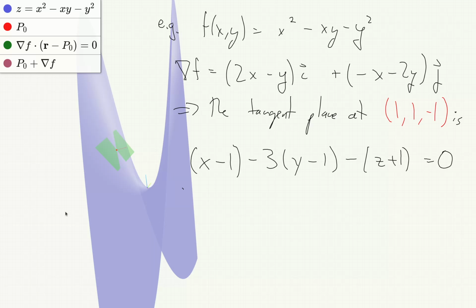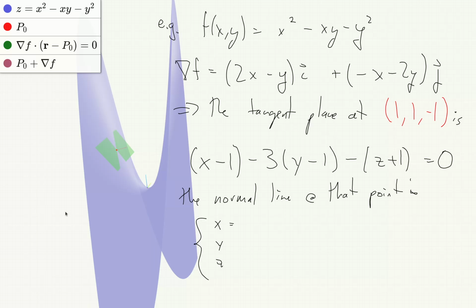And for example, the normal line at the same point is (x, y, z) equals (1, 1, -1) plus t times (1, -3, -1).